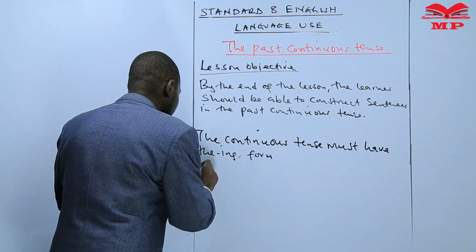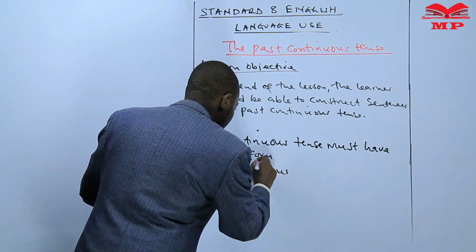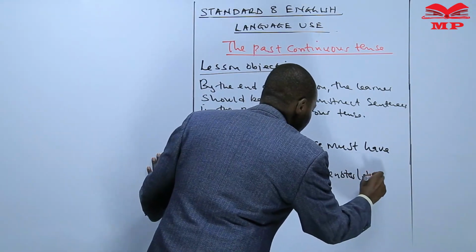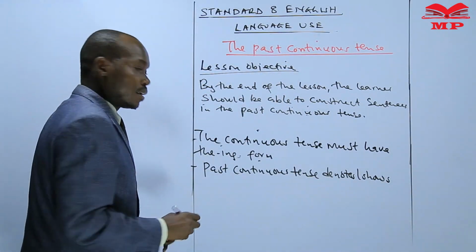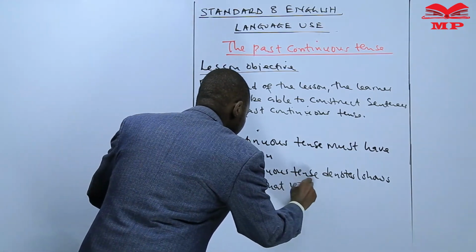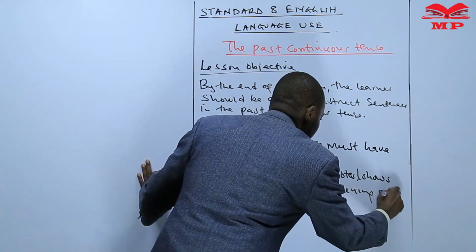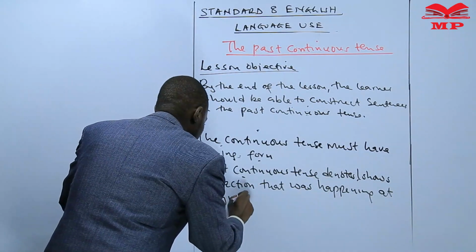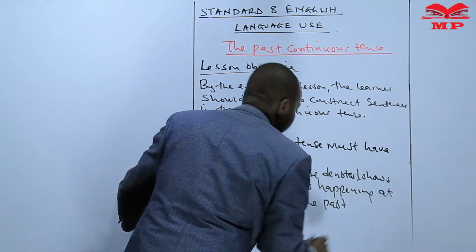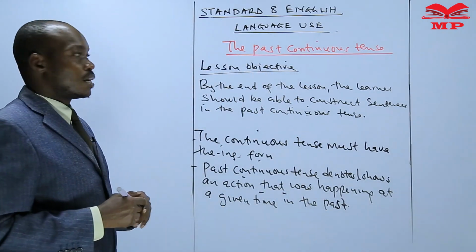We have also said past continuous tense denotes or shows an action that was happening at a given time in the past. Let us look at examples.